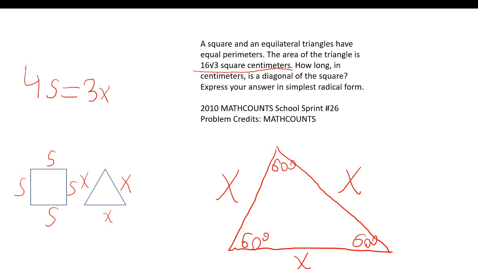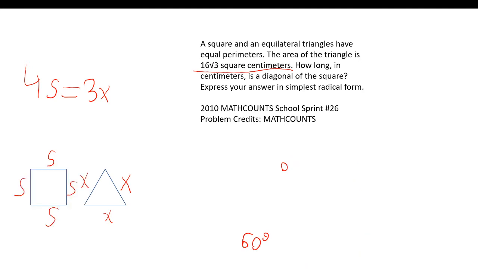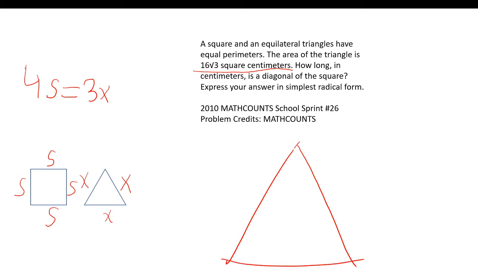When we have equilateral triangles, I'm going to draw a better triangle so you can see better, and we're going to use this triangle to solve the problem. This is 60 degrees, and this is x, this is x, this is x.